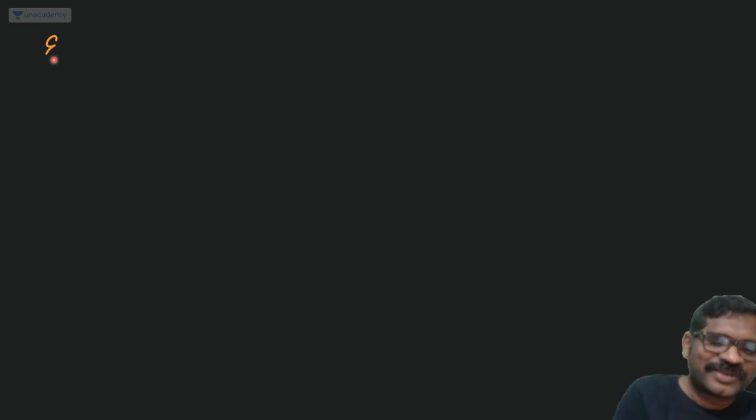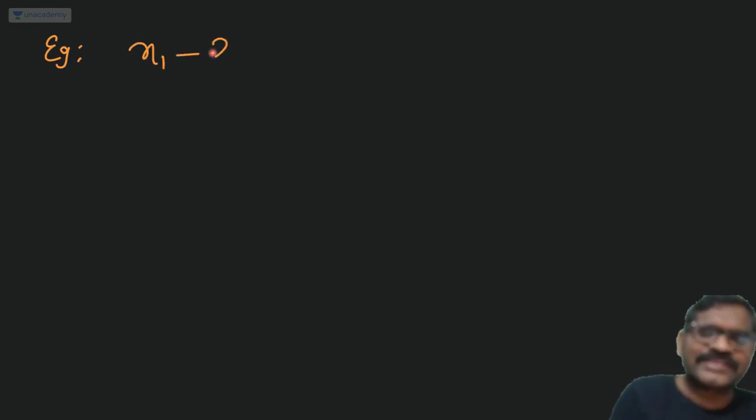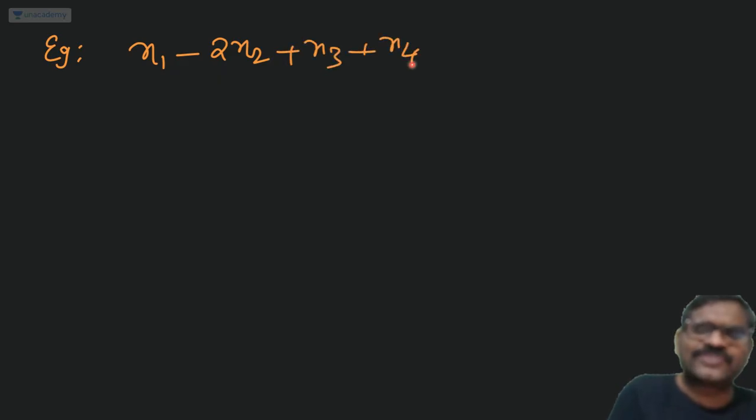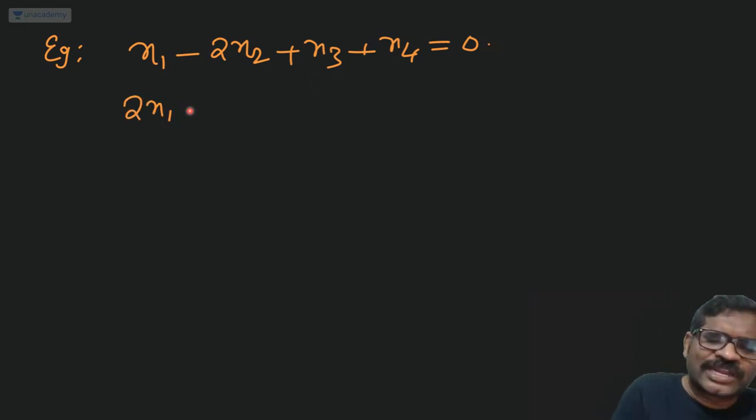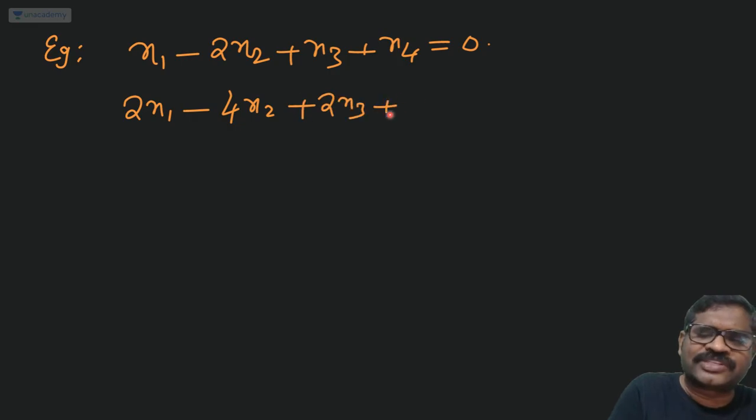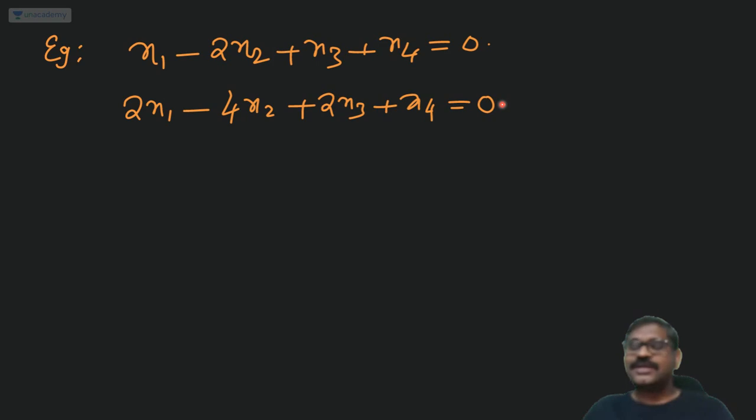For example, x1 minus 2x2 plus x3 plus x4 equal to 0, and 2x1 minus 4x2 plus 2x3 plus 2x4 equal to 0. It is a homogeneous system, no? Is it a homogeneous system or not?